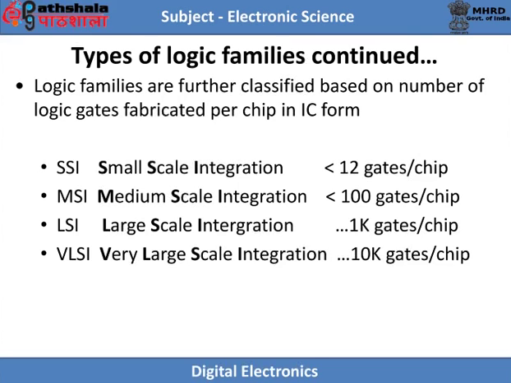MSI, that is medium scale integration, uses less than 100 gates per chip. LSI, that is large scale integration, has about 1K gates per chip, and VLSI, that is very large scale integration, has about 10K gates per chip.